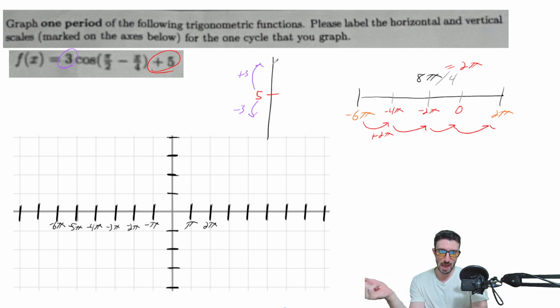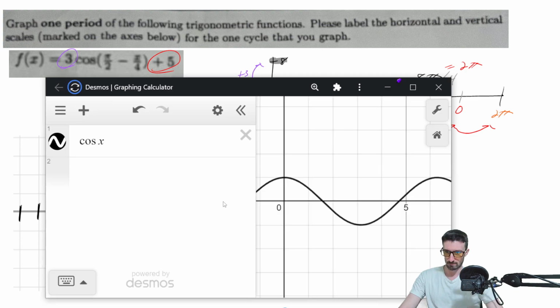Now, if you add 3 here, you get to 8. If you subtract 3, you get to 2. So the lowest y value we're going to have is at 2. The highest is going to be at 8. And I've got 4 boxes. So y'all know what that means. We doing 2, 4, 6, 8.